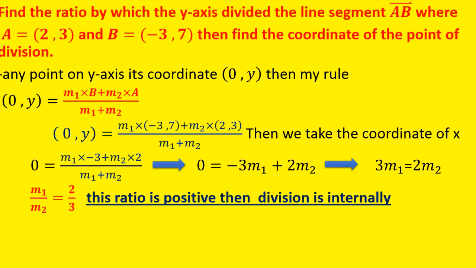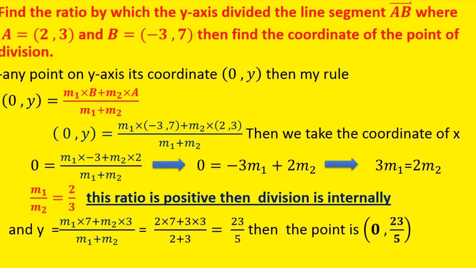But what is the coordinate for point C? The first coordinate is 0. So I want the value of y only. Y equals what? Sorry, m1 times 7 plus m2 times 3 over m1 plus m2, from my rule.